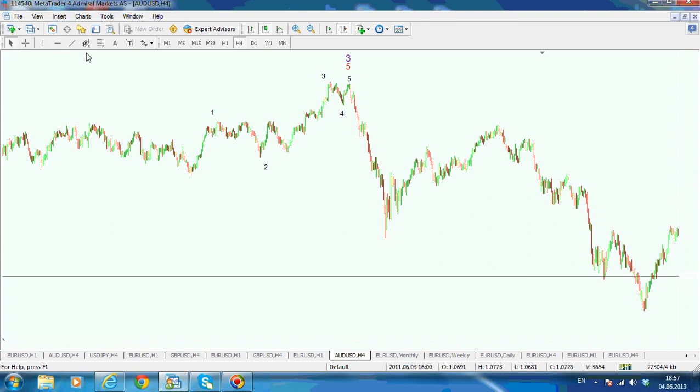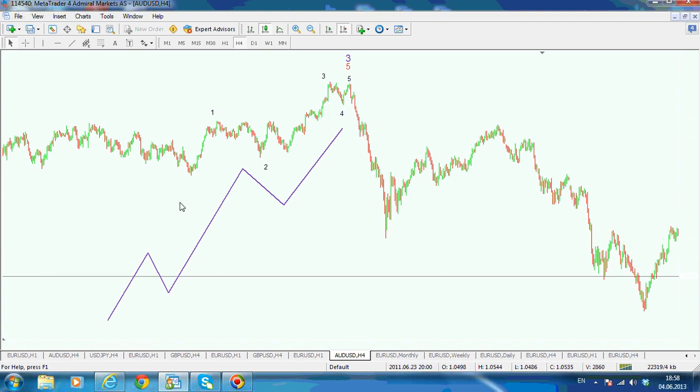No, it might be that move to be the end of a wave of a higher degree. For example, if you have, like, this is a structure to the upside, okay, 1, 2, let's say a third move to the upside, then a fourth wave like this or like this, and then a fifth wave like this.